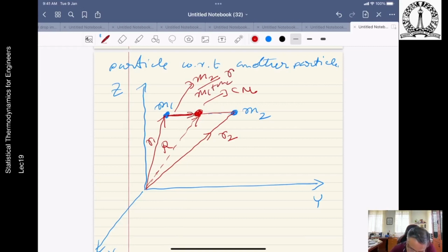This part is therefore written as M1 by M1 plus M2 into R. Right? So that is the other part. So this total distance is R. All right. I think that part is now understood.